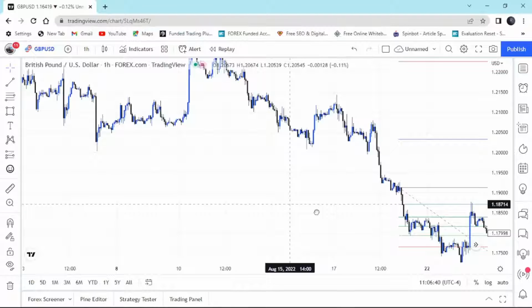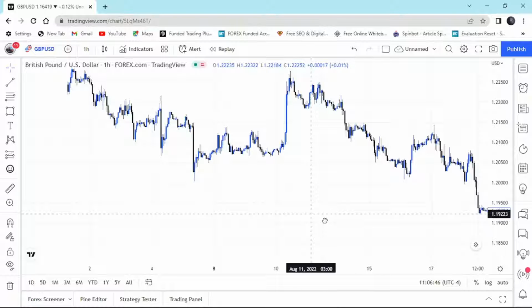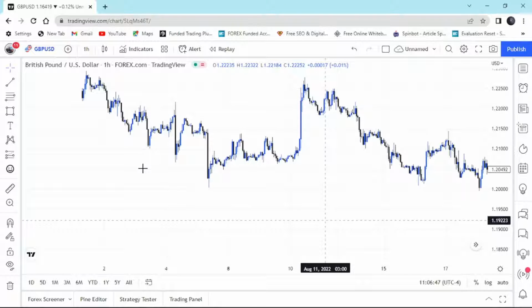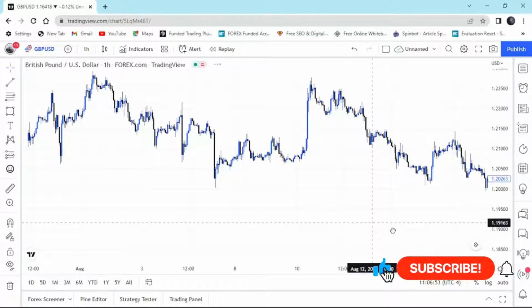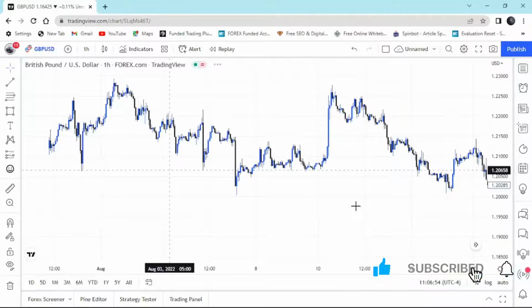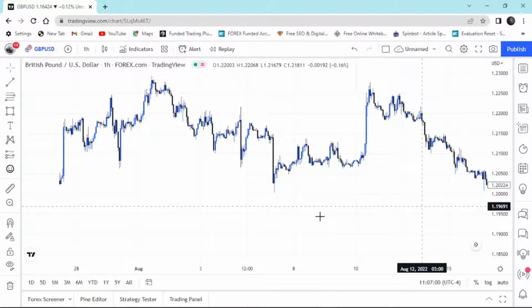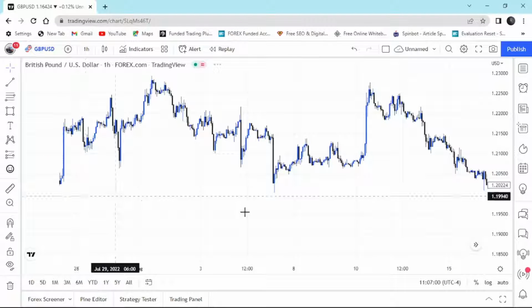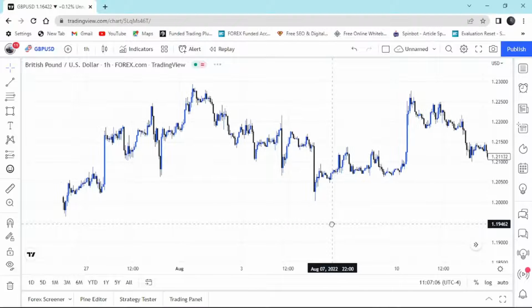Let's check one example of upward movement and see how we can use it in a case where the trend is upward. So let's go back in time.